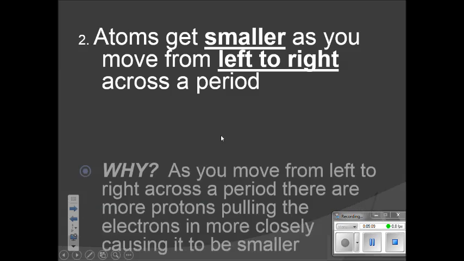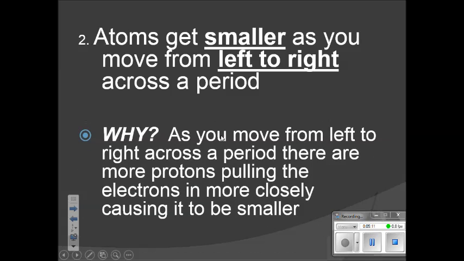So the reason why it gets smaller is as you move from left to right across the periodic table, you have more protons in the nucleus. Same energy level, okay, they're on the same energy level if we're comparing across the period, but there's more protons in the nucleus. More protons pull in more tightly and make that nucleus sort of shrink up. And when it shrinks up, you're going to have a smaller distance from the center of the nucleus to that outermost electron.